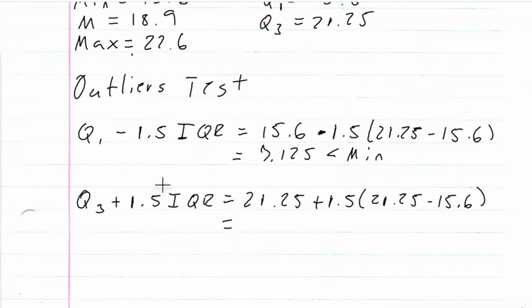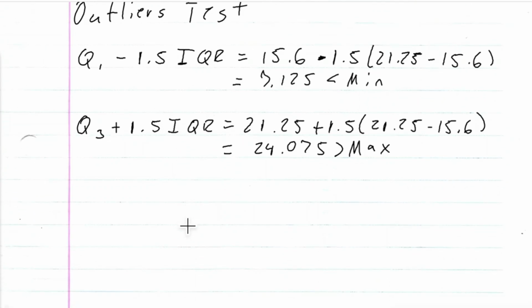And this happens to be 24.075. And we can see that that is bigger than our maximum. So that means we actually had no outliers. So this implies no outliers.